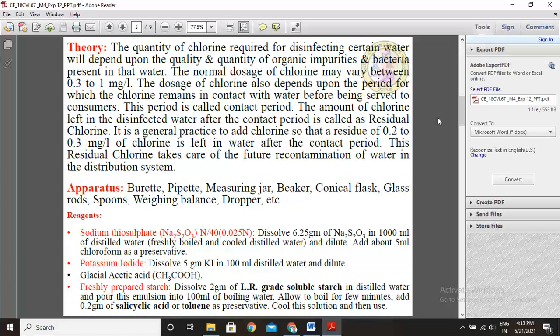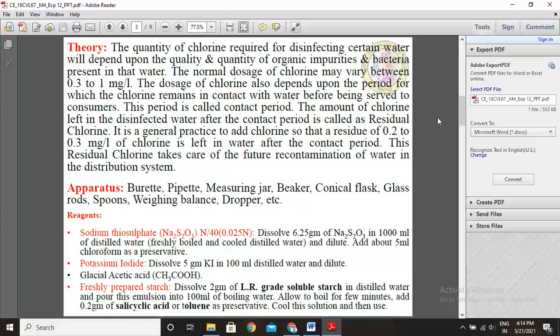The dosage of chlorine also depends upon the period for which the chlorine remains in contact with water before being served to consumers.